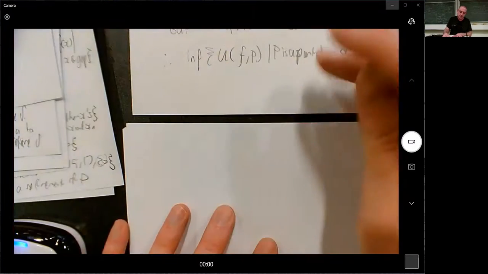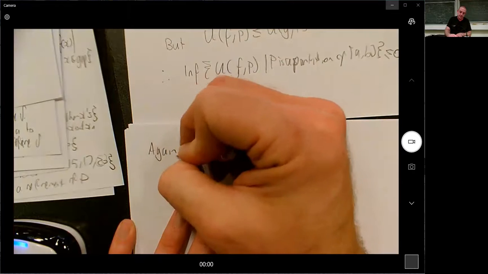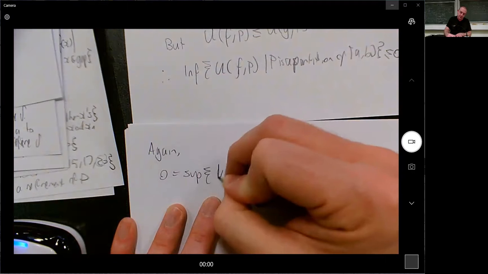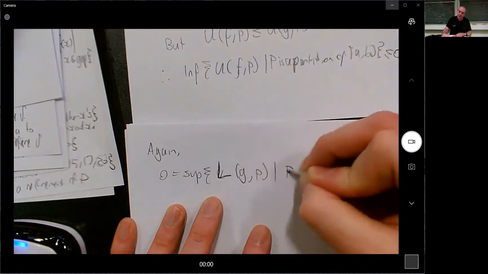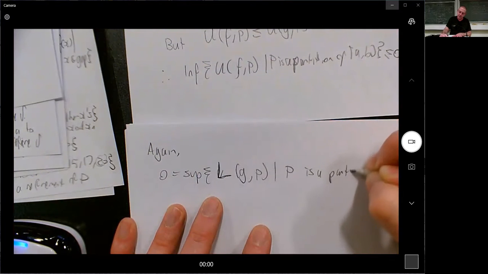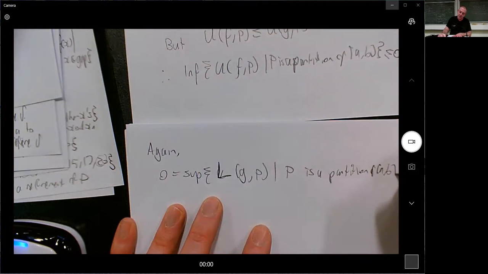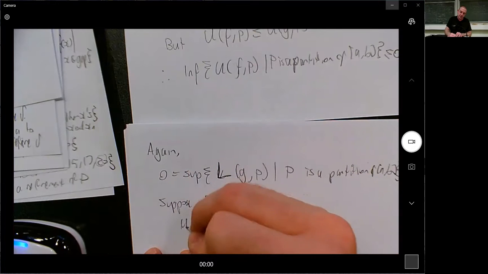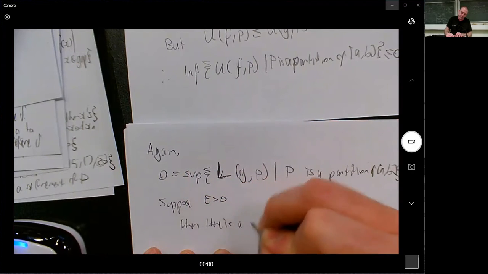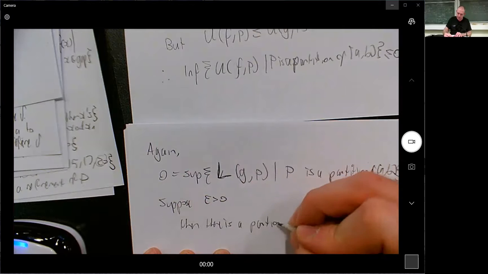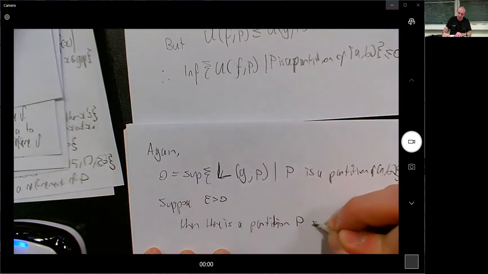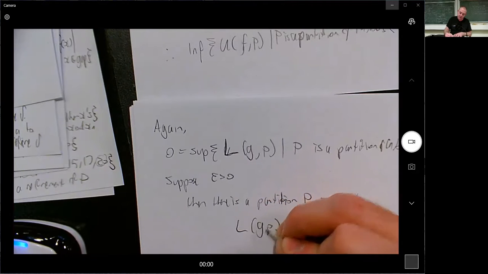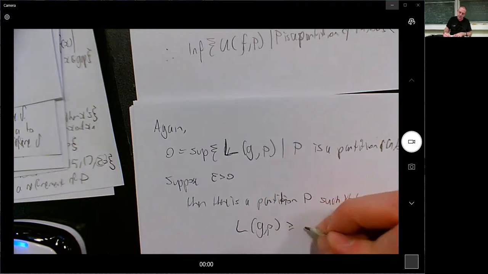And then, again, 0 must be the supremum of the lower sums of GP such that P is a partition of AB. And if we suppose there's an epsilon greater than 0, then there is a partition P such that the lower sum of G and P is greater than or equal to minus epsilon.